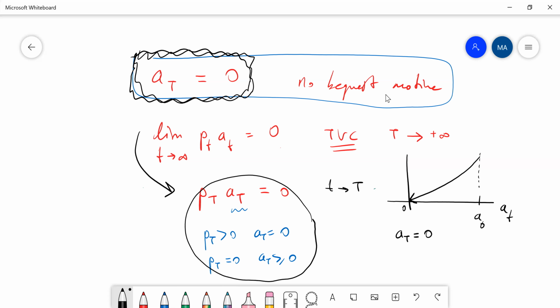So at the end, it will be equal to 0. If you choose there, you may go something like this. If you choose here, you may go somewhere like this. But if you choose a particular initial consumption, that asset stock will be equal to 0 at the final date, because that's the constraint.